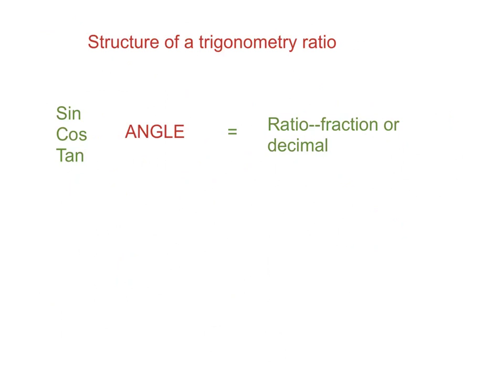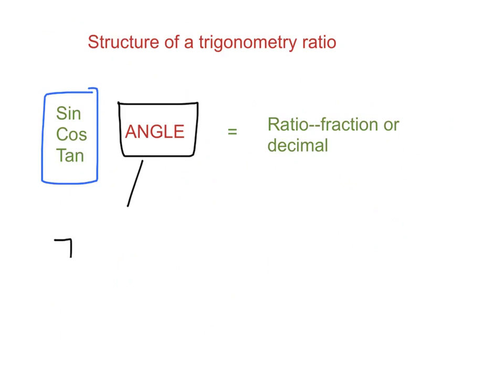Let's just have a look at the structure of a trig ratio. So now that we know the three ratios, you're always going to start with either one of sine, cos, or tan. The next piece of the puzzle beside that goes the angle. Now, the angle might be a number, let's say 76 degrees. It might be a letter, capital A. It might be a Greek letter, theta. You always have the equal sign.